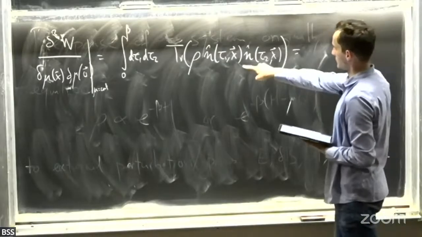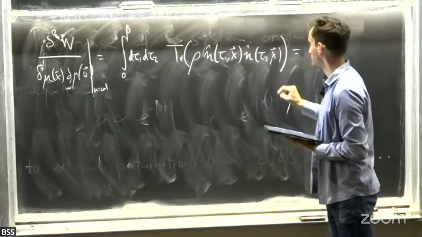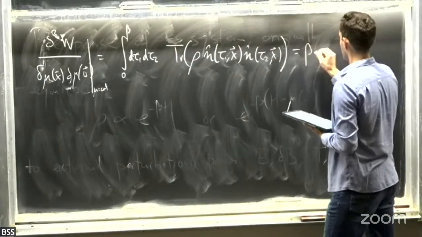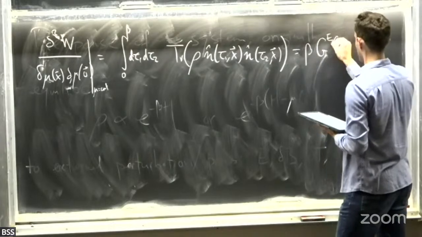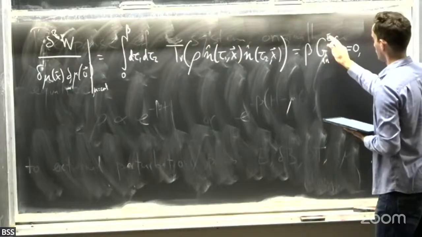Okay, one of the integrals will just give you a factor of beta because there's no dependence on the time difference. And the other integral will select basically the zero frequency, or rather the zero Matsubara frequency component of the Euclidean charge Green's function.